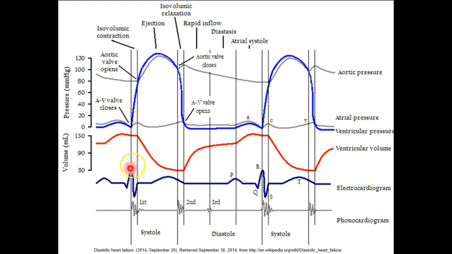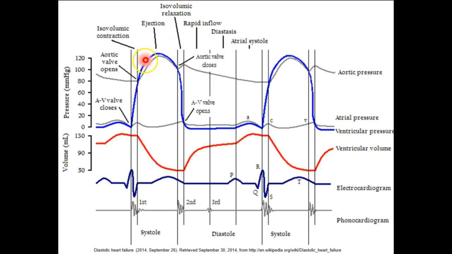And then you have QRS, which represents what? Ventricular depolarization. Right after the ventricles depolarize, you'll start your ventricular systole. And right here is the location where those AV valves closed, and that's going to allow for that great increase in pressure in the ventricles along this blue line.